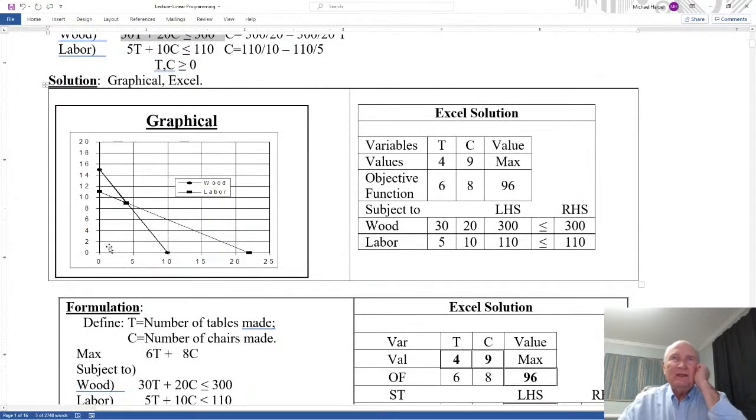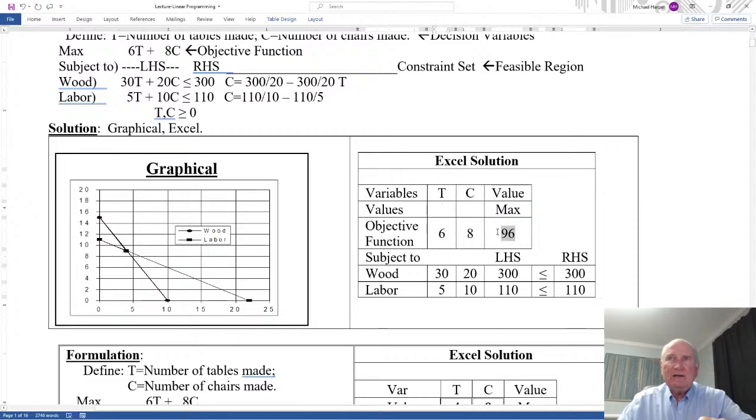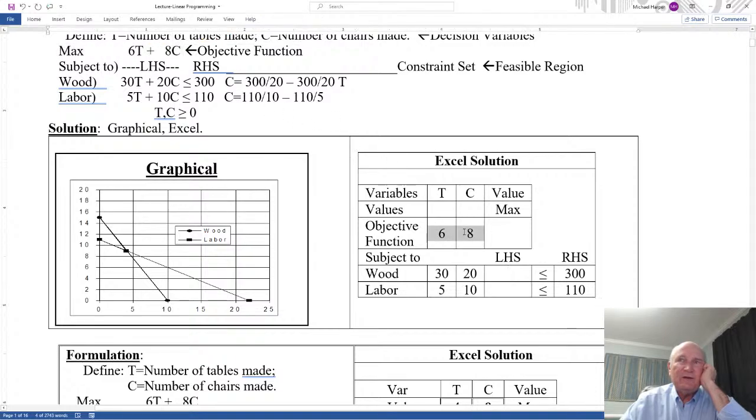Okay, for example, if I use Excel, I can put my coefficients of 6. Here's my variables up here. I tell you what, let me do this. Take that out, take that out, and take those out. If I type this stuff into Excel, take this 6, 8, my objective function, and put it right here.